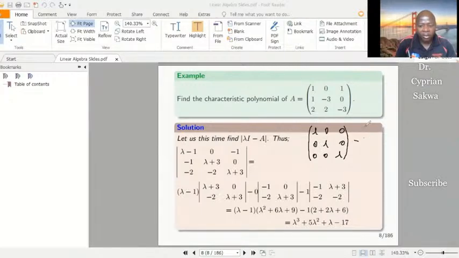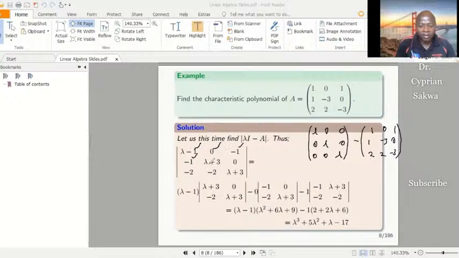I then subtract 1, 0, 1, 1, negative 3, 0, and then 2, 2, negative 3. When you do that, it will be lambda minus 1. Then 0 minus 0, and then 0 minus 1, it will be negative 1, and then 0 minus 1, it will be negative 1. So you do this subtraction, and that's what you get.